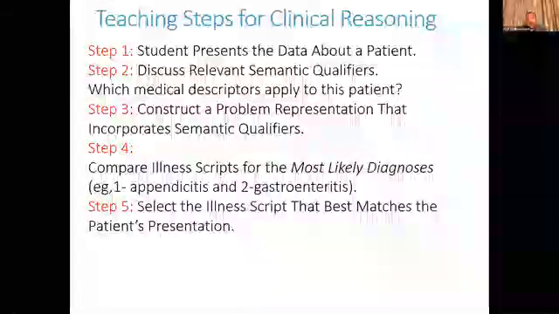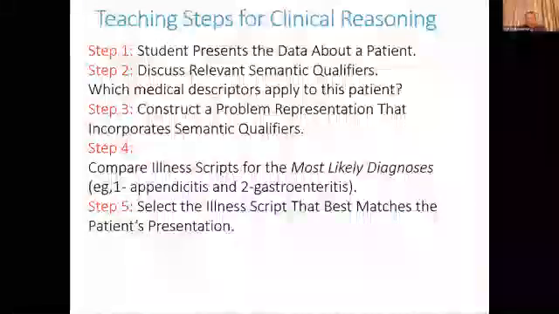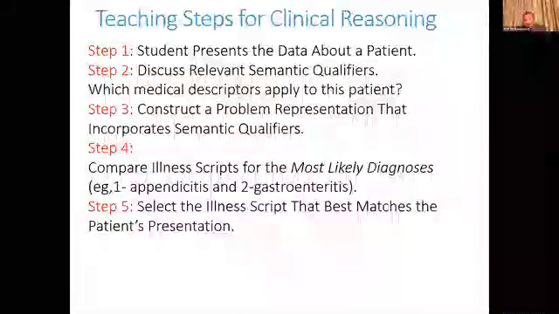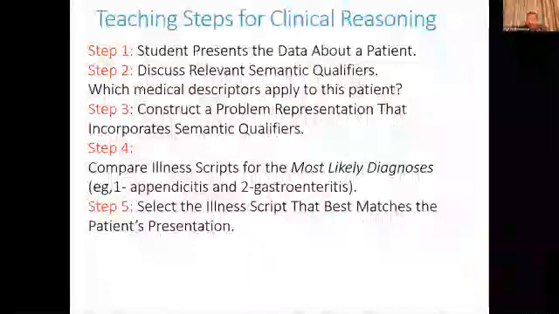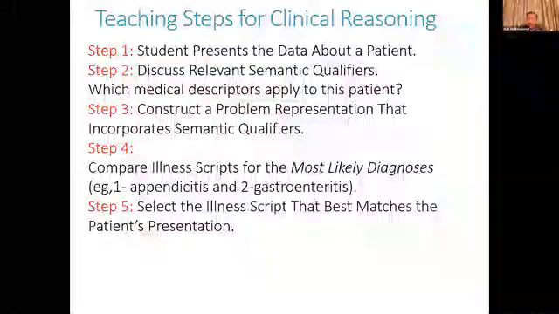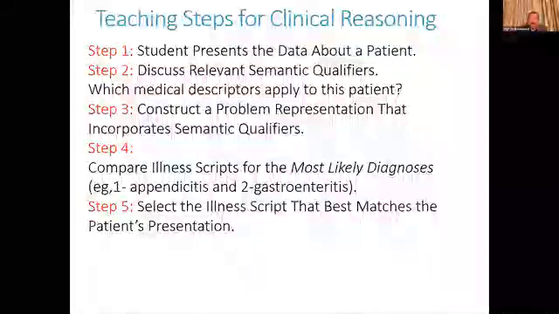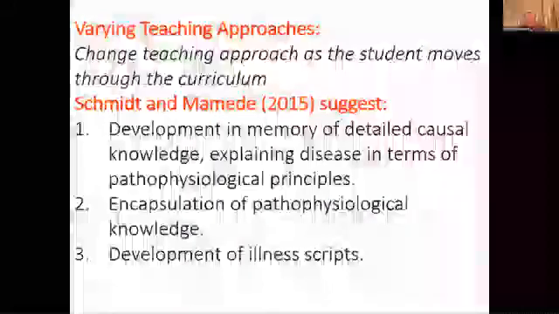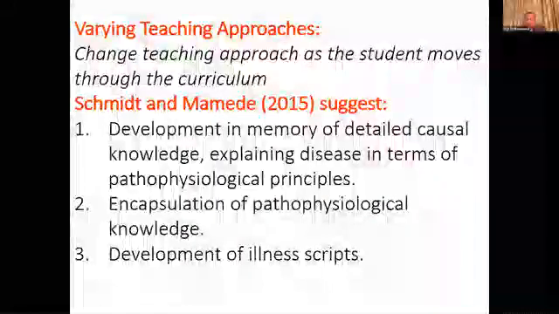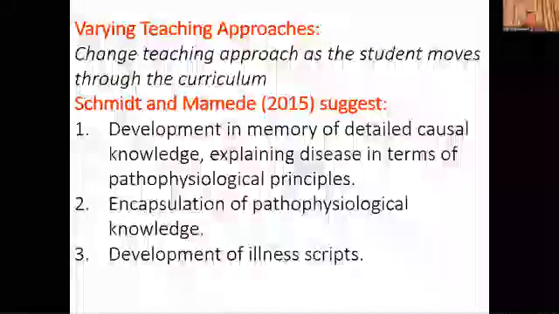In step 4, as I said, we compare the presentation of the patient to illness scripts that the student should learn. And in step 5, we select the most suitable illness script, and we put the management plan, like further investigations and treatment and follow-up. We need to vary our approach depending on the grade of the student.